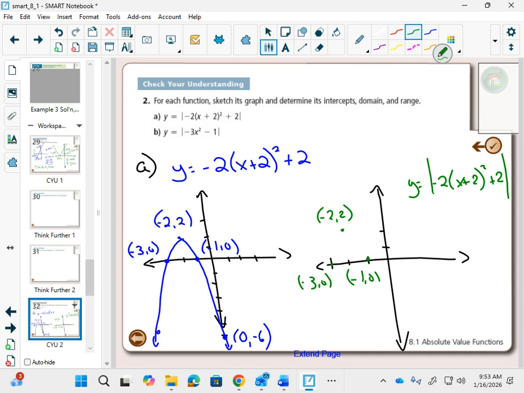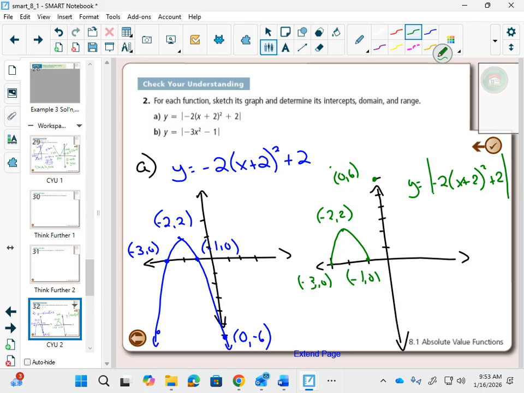But what's going to happen to 0, negative 6? It's going to flip up, and it's going to be up at 3, 4, 5, 6. 0, comma, positive 6. This part of the parabola is exactly the same as it was before.